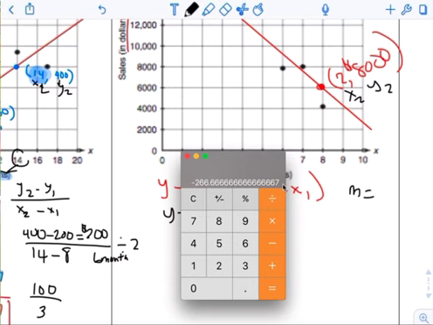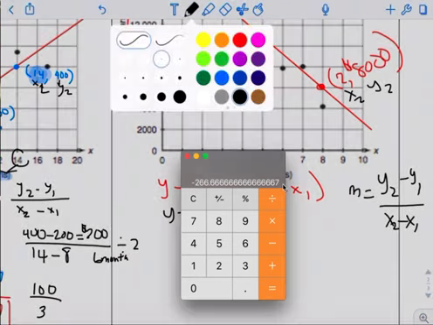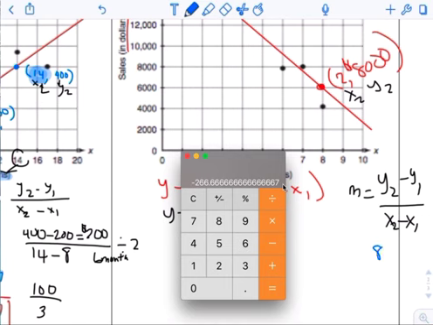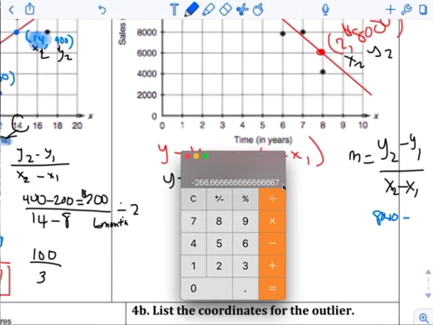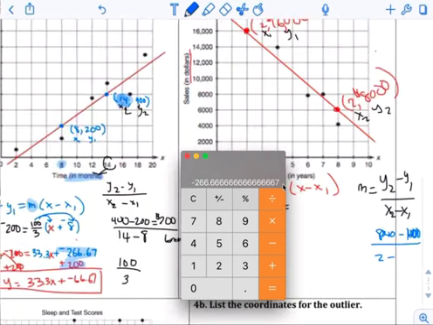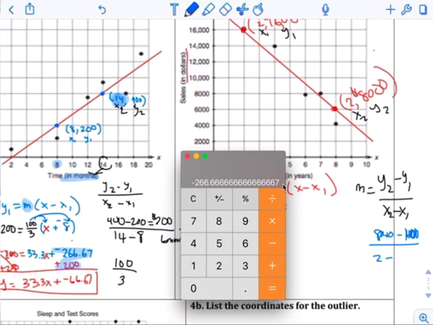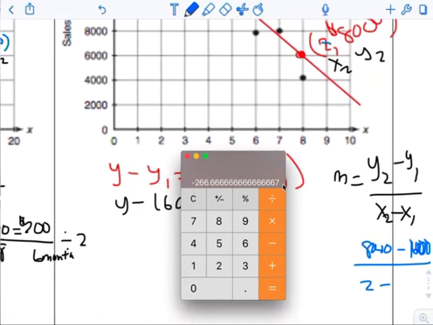M you need to find, it's y sub 2 minus y sub 1 over x sub 2 minus x sub 1. That's the rate of change. Okay, y sub 2 is 8,000 minus 16,000 all over, oh no, this is 8, not 2.